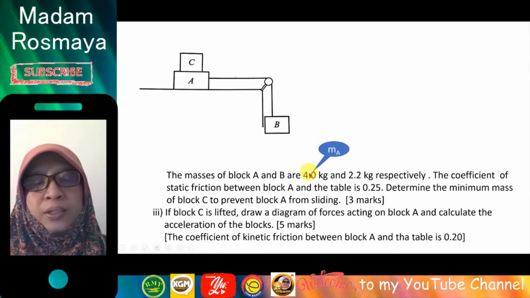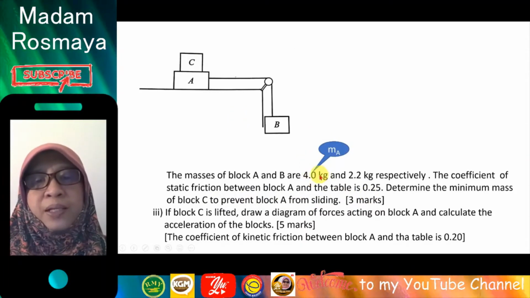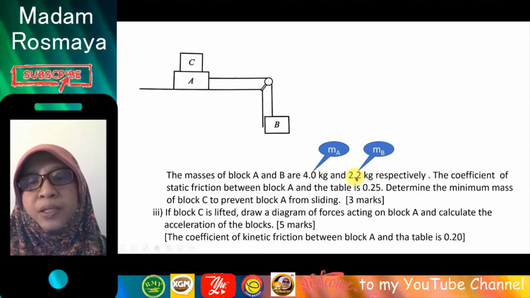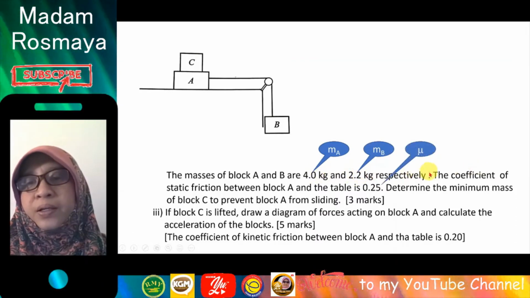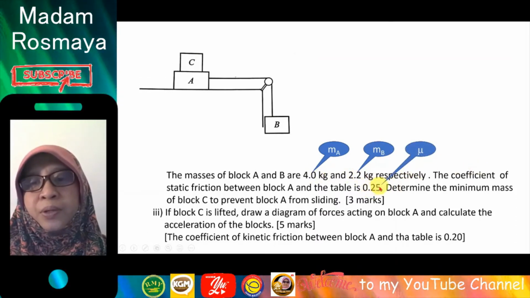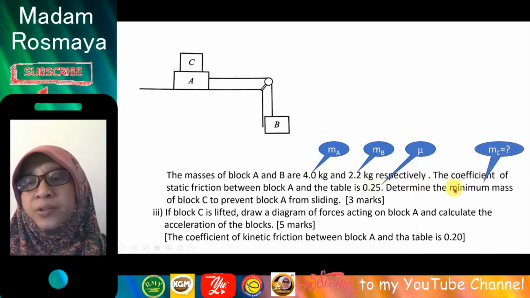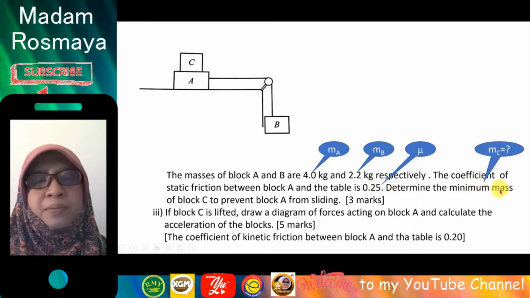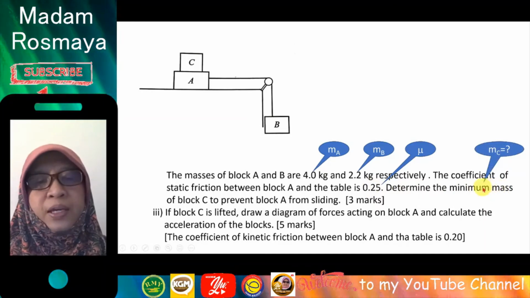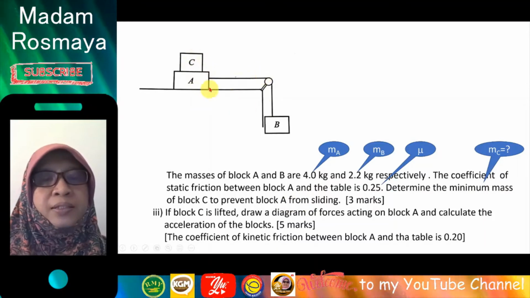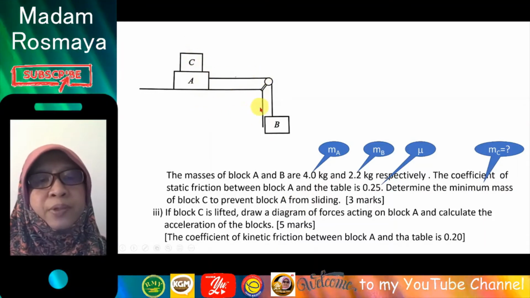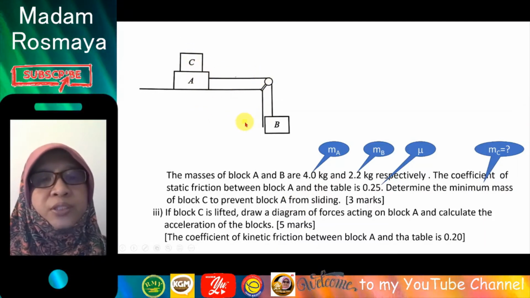So in the question, we are given the mass of block A, the mass of block B, 2.2 kilogram, and mu, the coefficient of static friction, 0.25. We are going to determine the minimum mass of block C to prevent block A from sliding. This means the system is in equilibrium, stationary, not in motion.